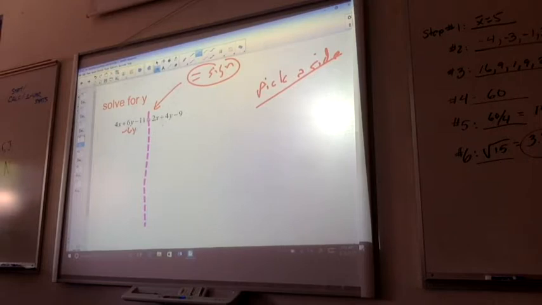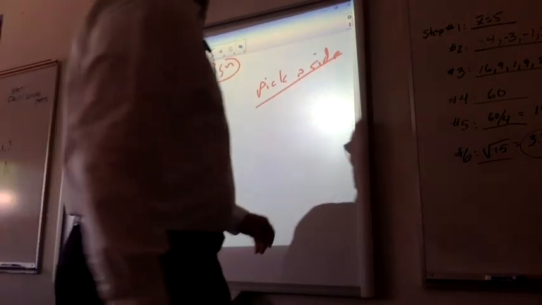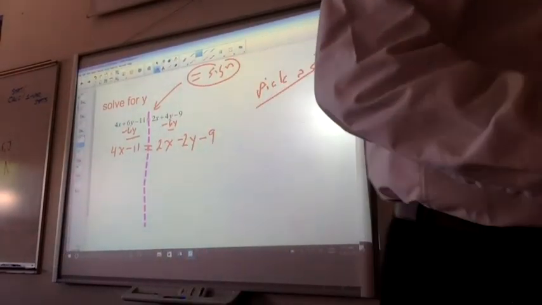So if I subtract 6y from both sides, it's going to leave 4x minus 11 on this side. And then on this side, I'm going to get 2x. What's 4y minus 6y? Negative 2y minus 9. Okay, so let's just pause for a moment. We want to isolate y by itself.